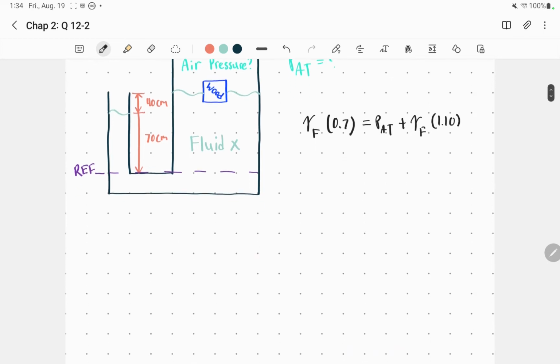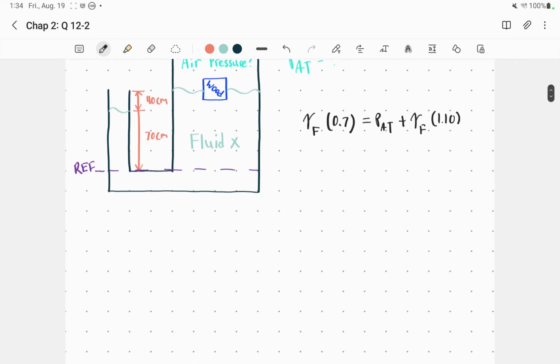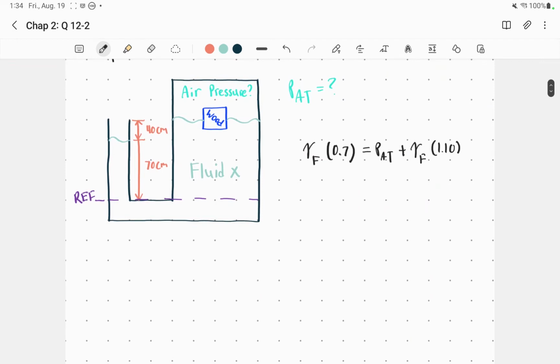That gives 1.1. Now we want to find gamma F, we need gamma F in order to solve this. So what we're going to do is use the block of wood.